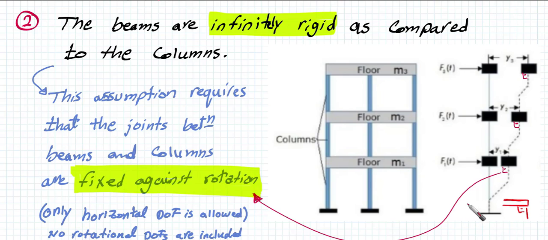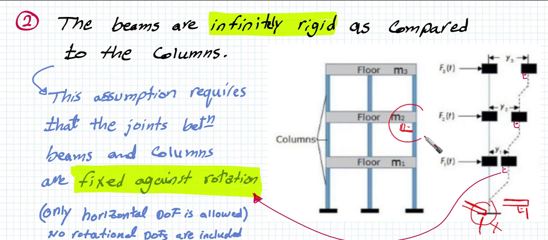But if we have another case, which is something like this, this is the girder and this is the column, for example, this means that there is rotation here. This rotation is not allowed. Shear building does not allow this rotation. It is always going to be perpendicular to one another before and after motion.